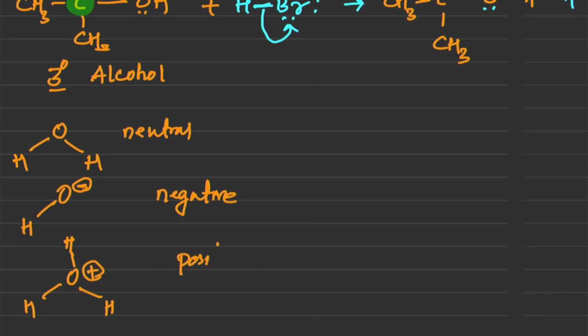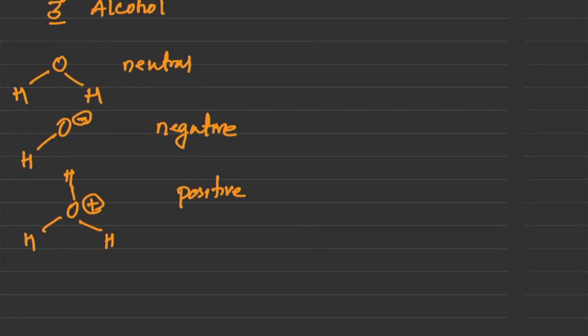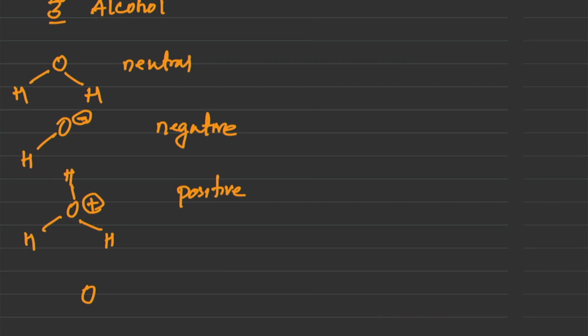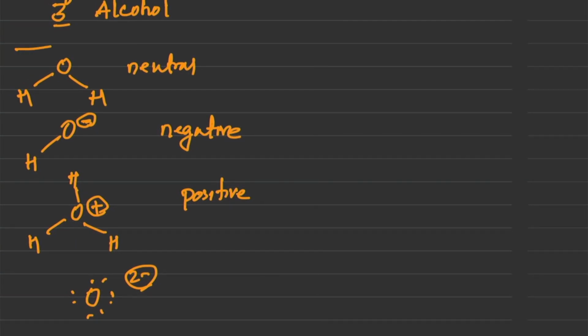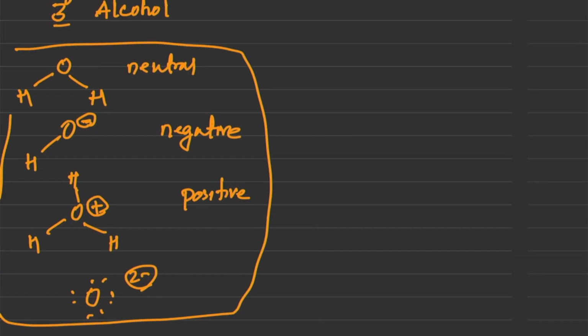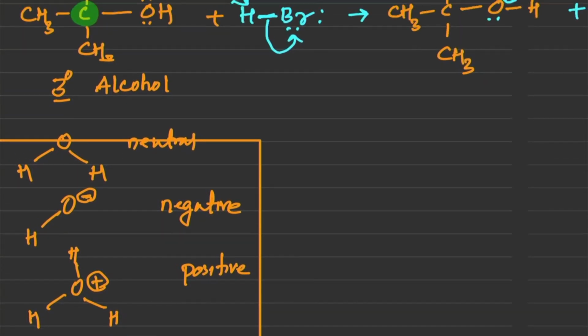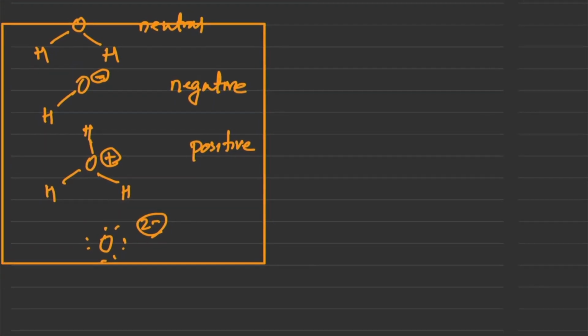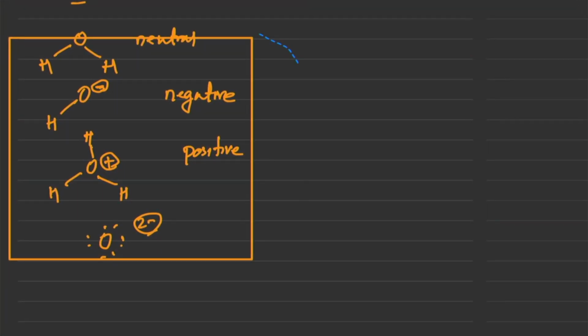You can use this trick for the rest of your organic chemistry. Just look at how many bonds it is making. If oxygen is making no bonds, then it will be 2 negative. Okay, maybe we should remove these to make some space. Let's delete this.